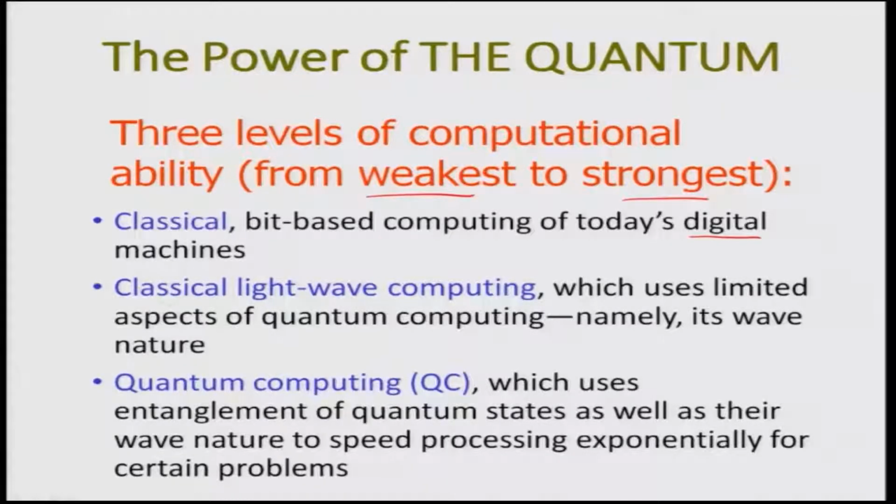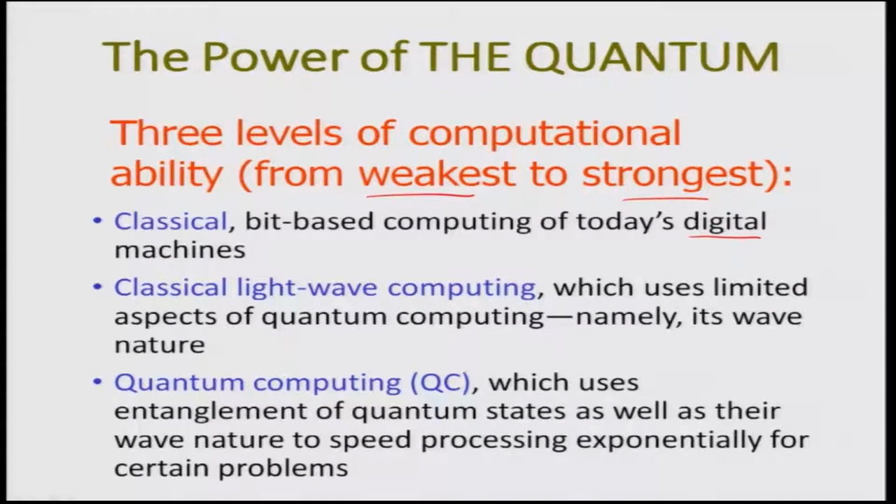The other is classical light wave computing, which uses limited aspects of quantum computing, for example its wave nature and superposition. That was often used, say, in the laser cavity for demonstrating Grover's algorithm, or in linear optical devices to implement superposition principles in classical light wave computing.